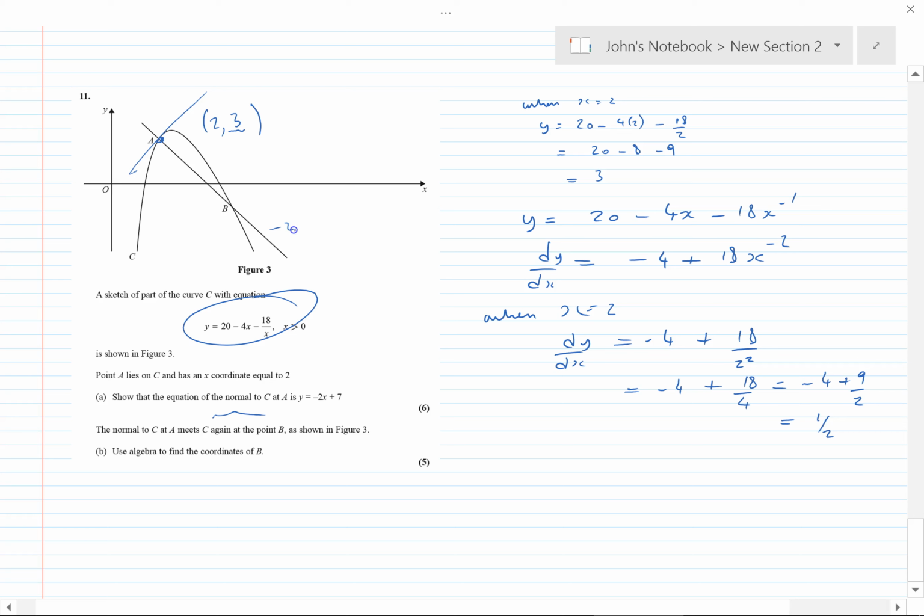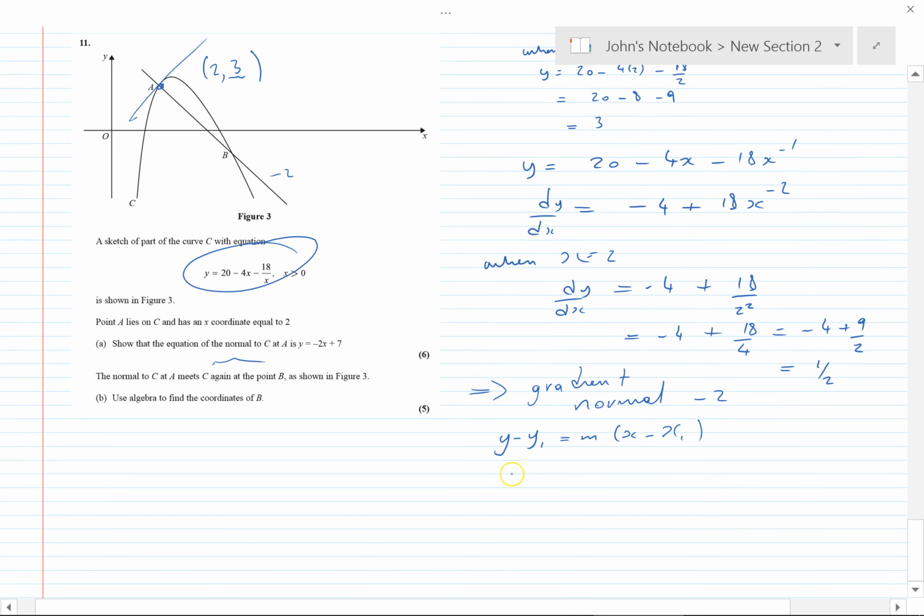So that must mean the gradient of the normal is minus 2. So now I'm going to use y minus y1 is equal to m times x minus x1.